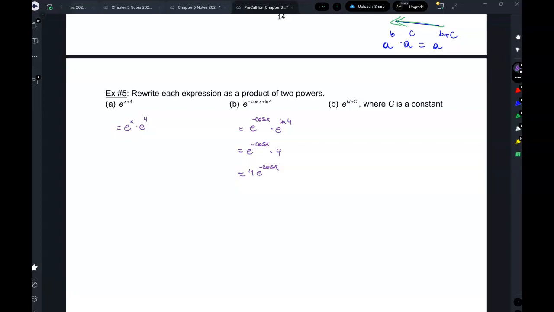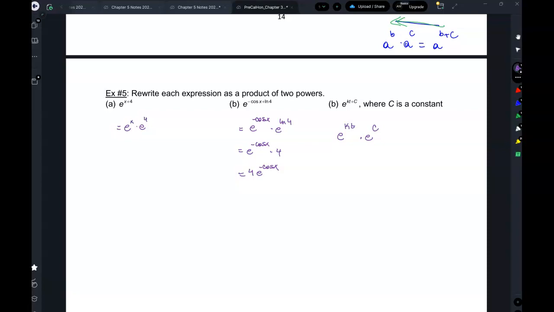This is straight out of calculus. This one, e to the kt plus c, where c is a constant. So instead of having e to the kt plus 2, I have e to the kt plus c. Now this becomes e to the kt times e to the c. But now, what's e?